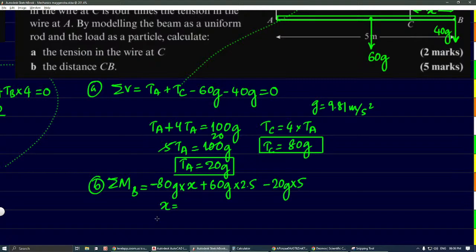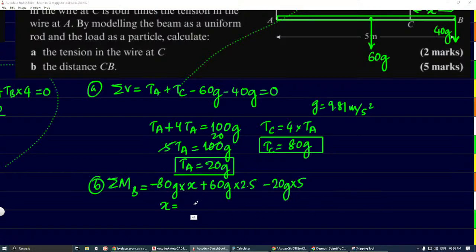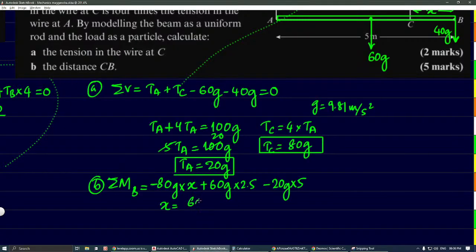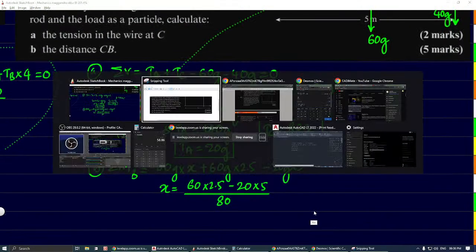So do this and take this total term to the other side. It becomes negative. G will cancel anyway. So 60 into 2.5 minus 20 into 5, divided by 80G. 80G will again cancel. So this is the value. Find it.